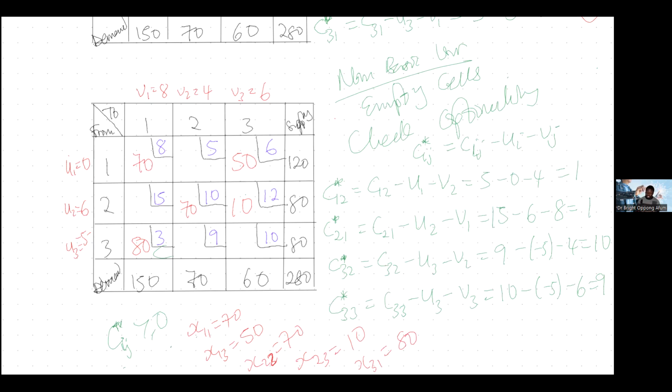Use that to check the optimality by evaluating each net cost change of the non-basic variables. If there is a negative net cost change, it means that the solution can be improved, and therefore we use the stepping stone to do the reallocation.